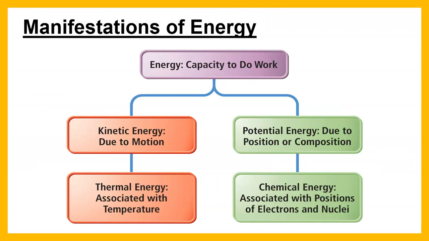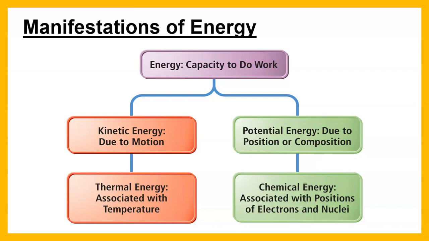So, energy is a very big, broad category. A very simplistic way to describe energy is the capacity to do work. And during the course of this class, we're going to look at various types of energy. We could have energy from motion, which is called kinetic energy. How fast are things going? Thermal energy. Is it hot? Is it cold? Potential energy.